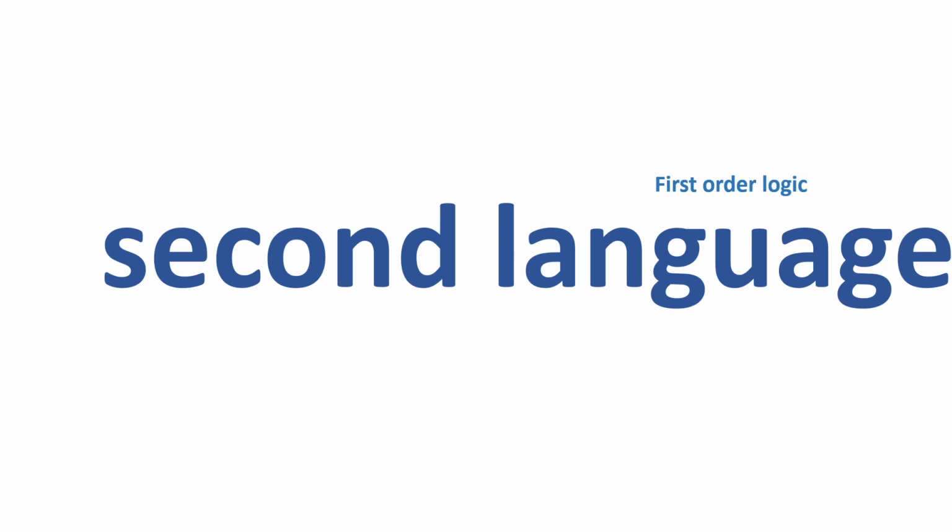So now let's look at the second language that we're going to have. But I'm going to warn you, because we're going to build this up in a very, very formal way, because there are many things that are in this language. And very far on the bottom somewhere, there is basically propositional logic. And then there's stuff on top of it, on top of it, on top of it.